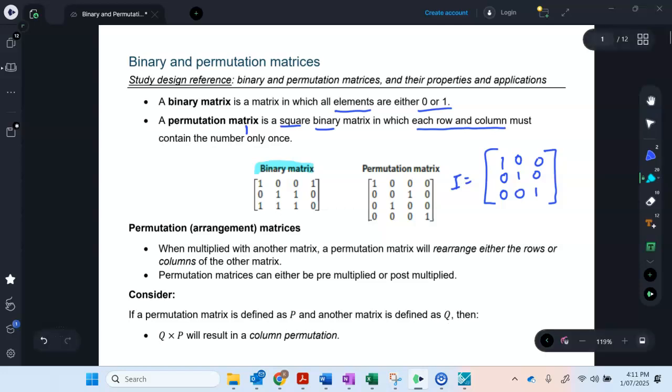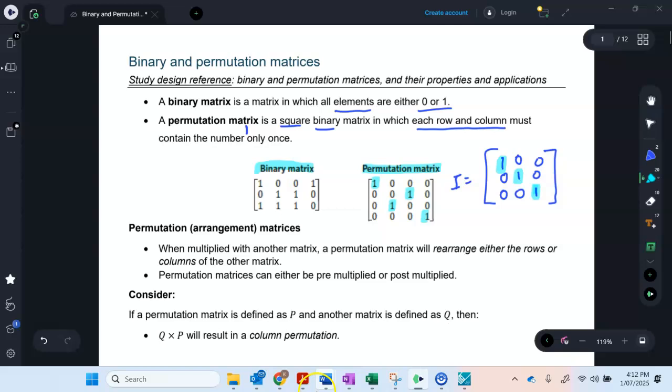If we have a look at the permutation matrix, it's a 4 by 4 matrix, 4 rows, 4 columns, and the number 1 only occurs once in each row and column. All right, so that's what a permutation matrix is. And an identity matrix is also a permutation matrix because we also have the number 1 only occurring once in each row and column.